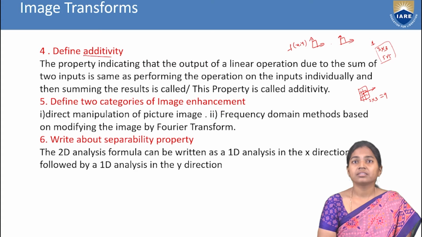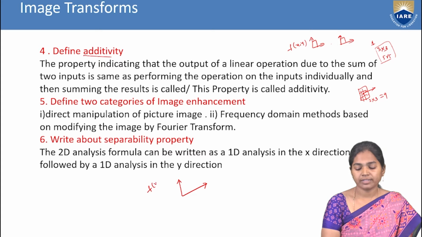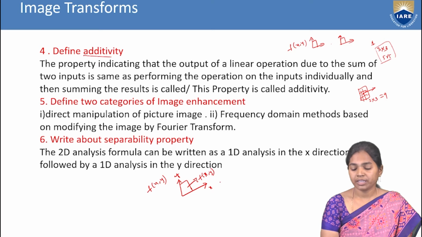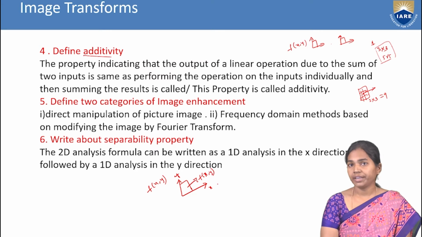Next one is to write about the separability property. In this separability property, in two dimensions, consider f of x comma y, where x and y represent the image. In this separable property, we can do 1D analysis in the x direction and 1D analysis in the y direction.